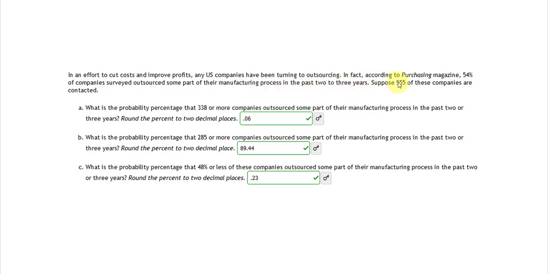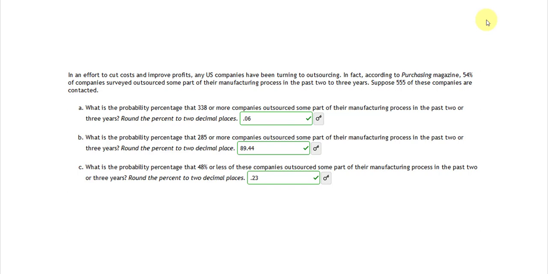Suppose 555 of these companies are contacted. What is the probability percentage that 338 or more companies outsourced some parts of their manufacturing process in the past 2 to 3 years? Round the percent to 2 decimal places.